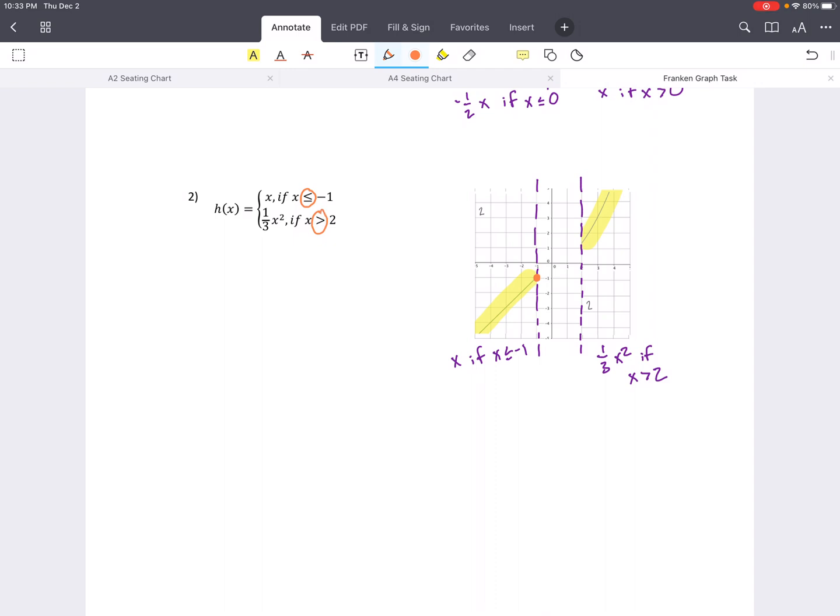But for x greater than 2, since this doesn't actually hit 2, we're going to put an open circle on 2 and then let the graph continue forward. So if it's less than or equal to or greater than or equal to, it's going to be a closed point, kind of like inequalities, because this is an inequality. Duh. This one's going to be an open point.